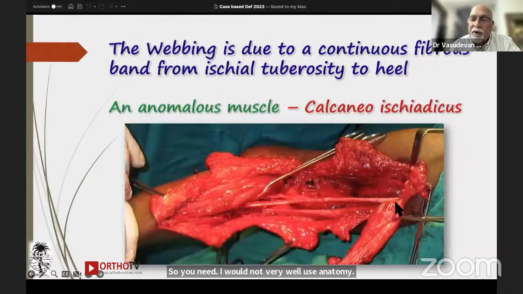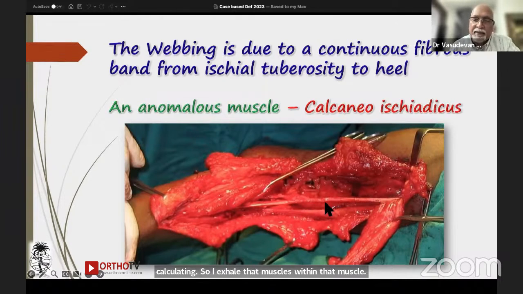While exploring, I found, after removal of that anomalous muscle called calcaneoischiadicus, a muscle band coming from the ischial tuberosity, going to the tendo-Achilles and calcaneum. So I excised that muscle. Within that muscle there was a sciatic nerve.